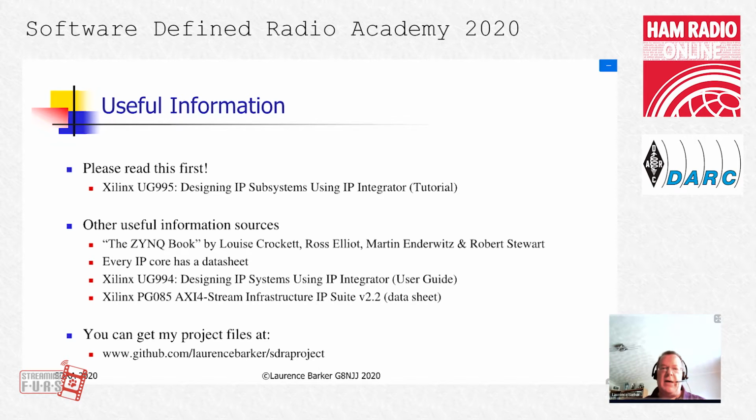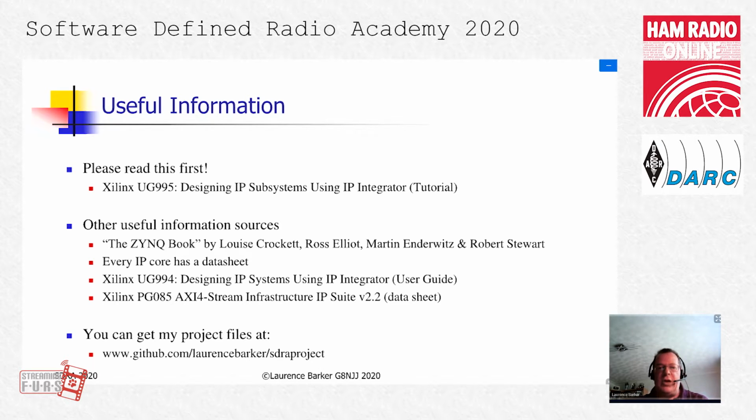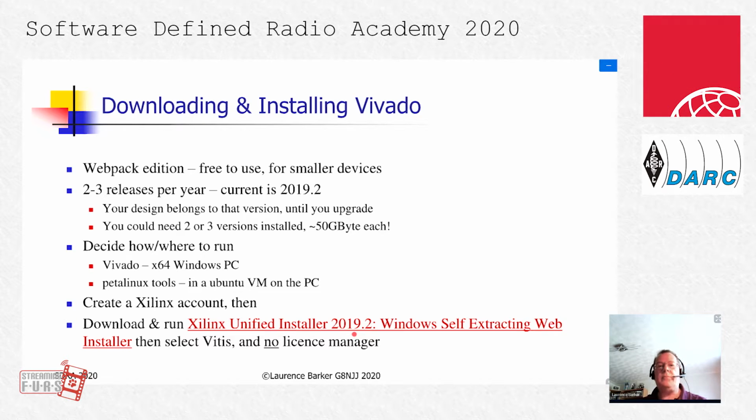And I've listed there some other sources of information that I've used. The Zynq book was quite useful to understand the overall process and essentially what the FPGA chip is. You can also get all of my design files for this example project off of GitHub.